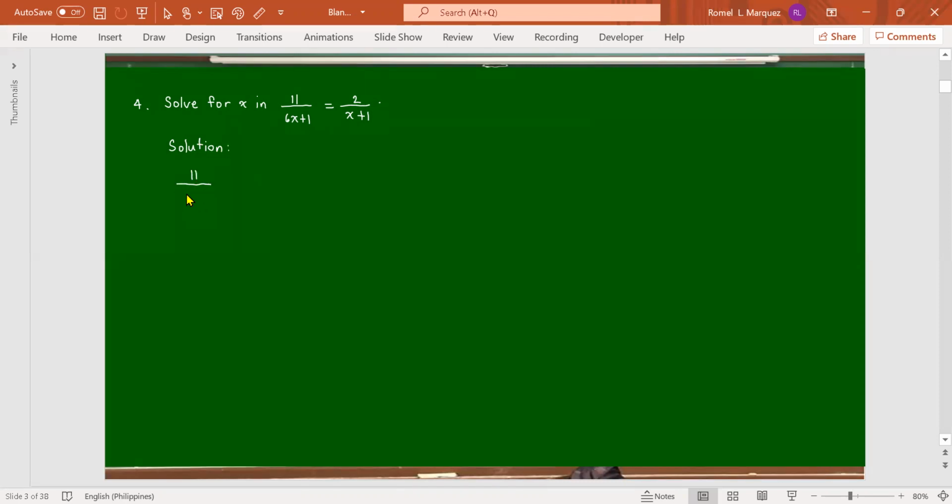So the given is 11 over 6x plus 1 equals 2 over x plus 1.